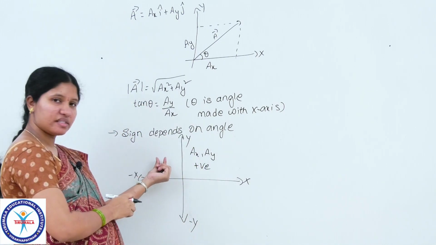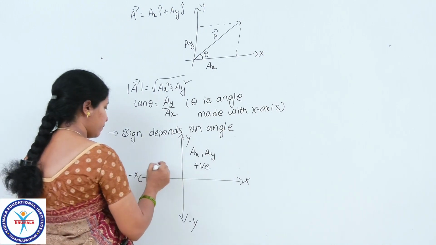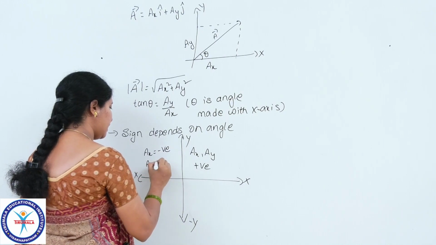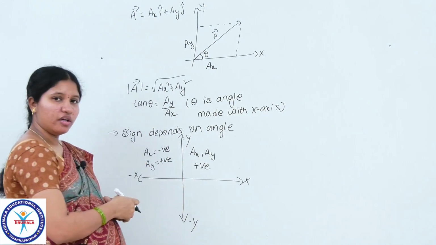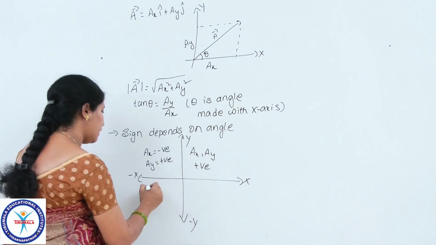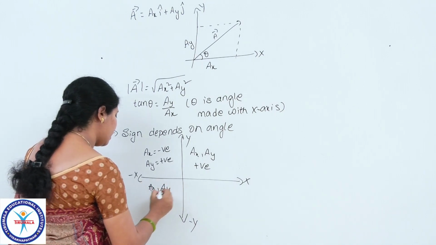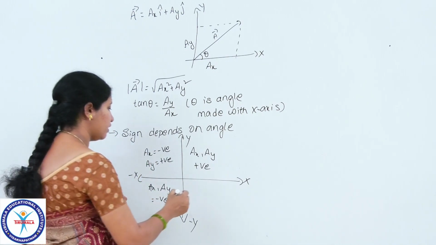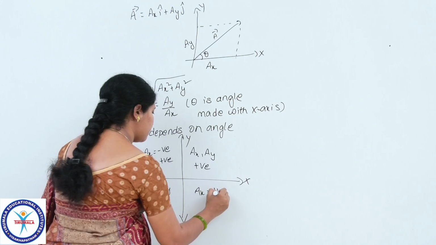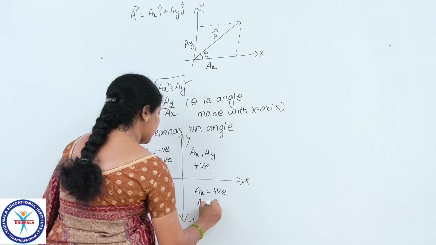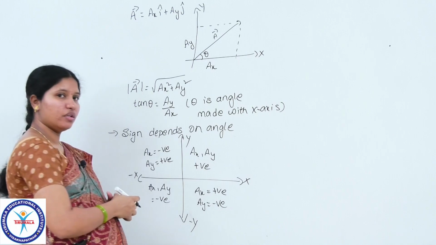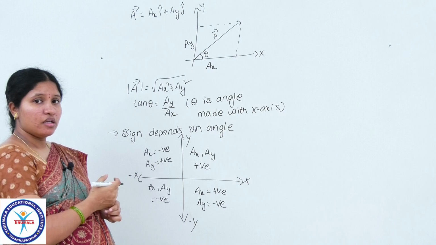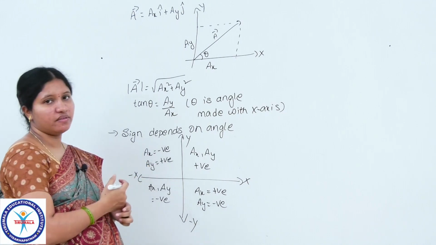In the second quadrant, Ax is negative and Ay is positive. In the third quadrant, Ax and Ay both will be negative. In the fourth quadrant, we get Ax as positive and Ay as negative. So, depending on the quadrants and the angle, the values of components vary.